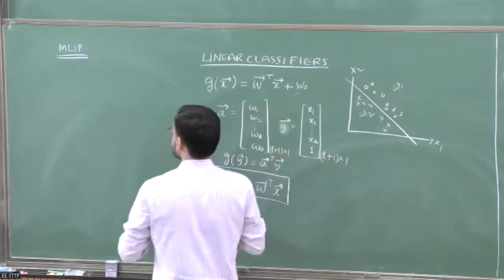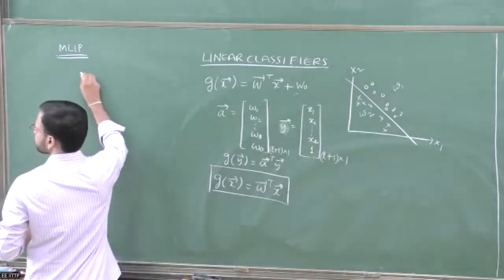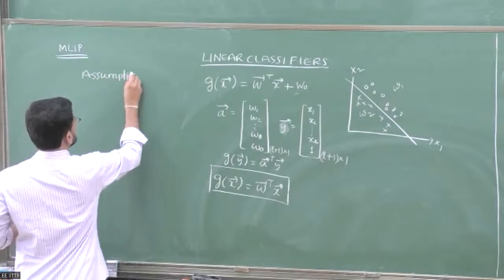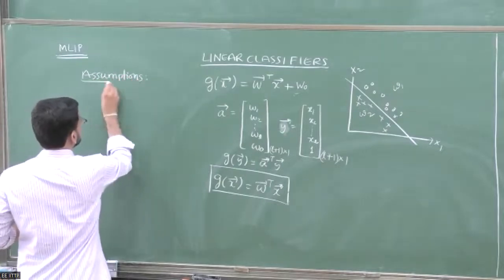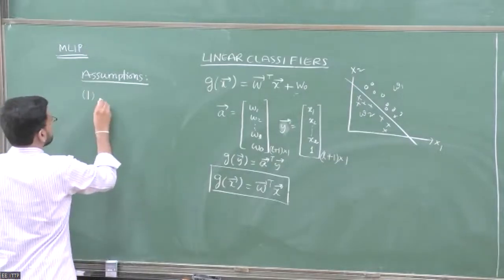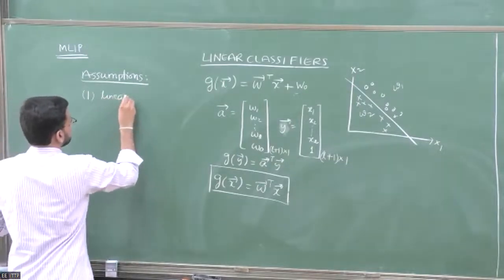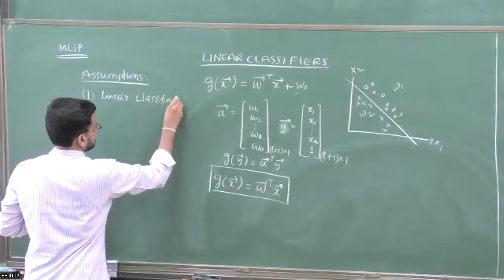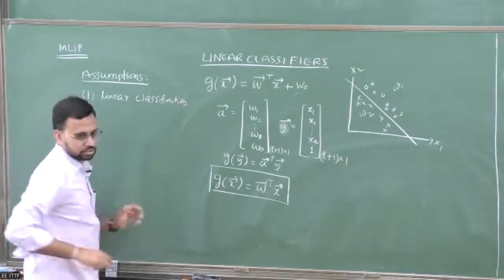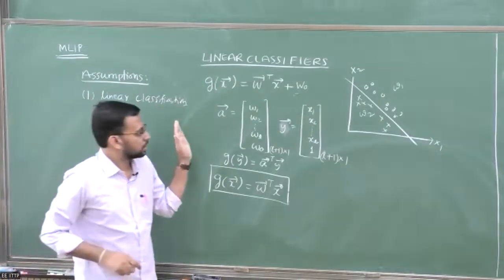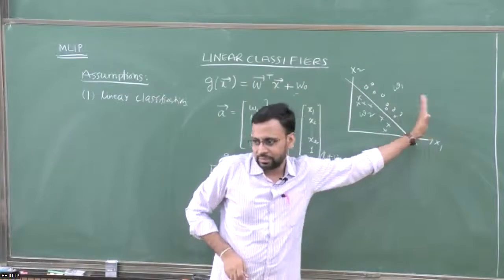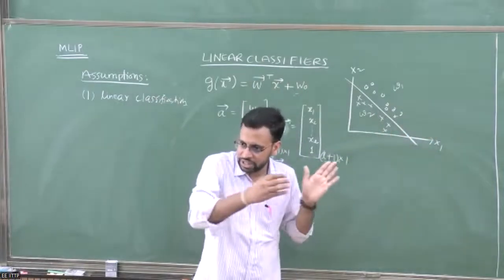A couple of assumptions let me write here with which we are starting. One is regarding this linear classification. The assumption is that a linear decision plane will be able to classify or separate or distinguish two classes.